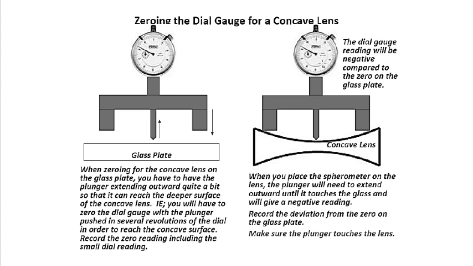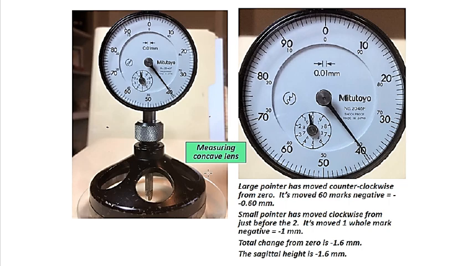You would definitely make sure that you also read the small dial. In here it goes about 60 on this side. Since we're doing the concave lens, it goes this way: 1, 2, 3, 4, 5, and 6. Since we're going counterclockwise right there, your little one is going to go clockwise this way.